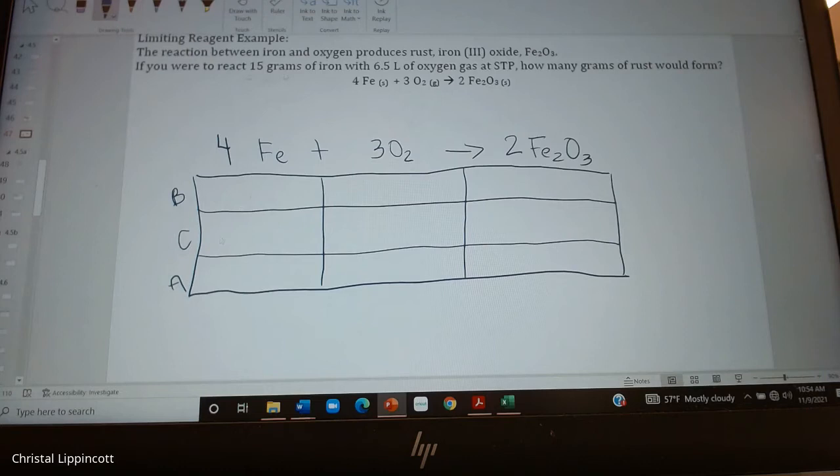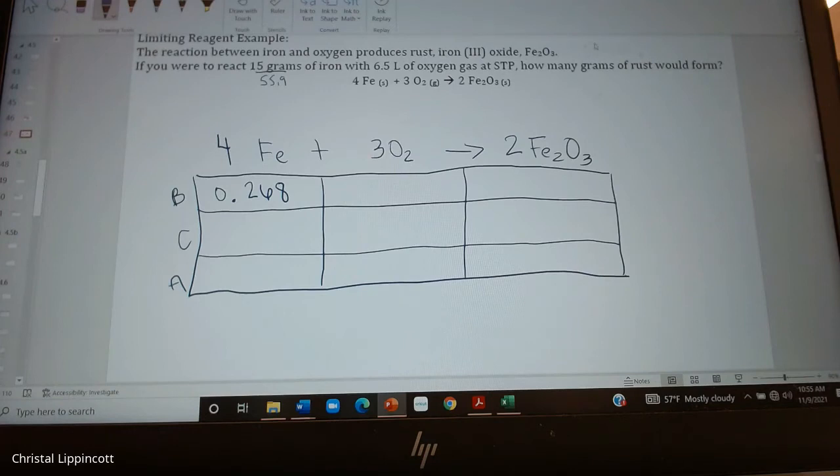I've got to take this iron and convert it into moles. Okay, so 15 grams divided by iron's molar mass, 55.9. Again, at least 3 sig figs. All right, now they were little stinkers here and gave me 6.5 liters of this, but it's at STP.